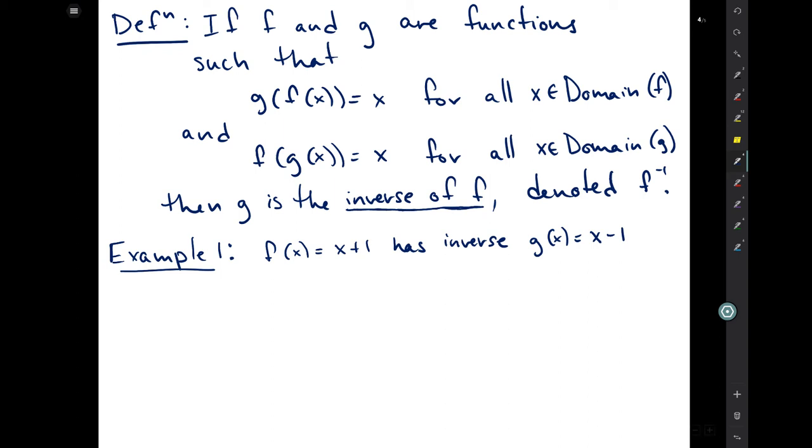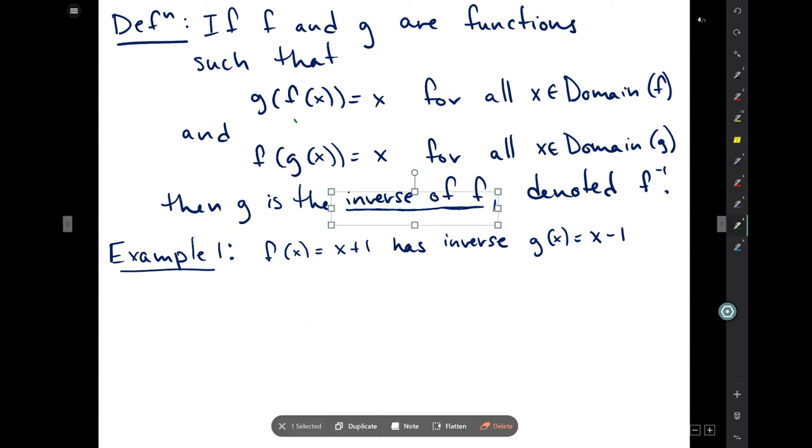So the idea behind this is that x gets sent to some y value by f, which gets sent back to the original x value by g.